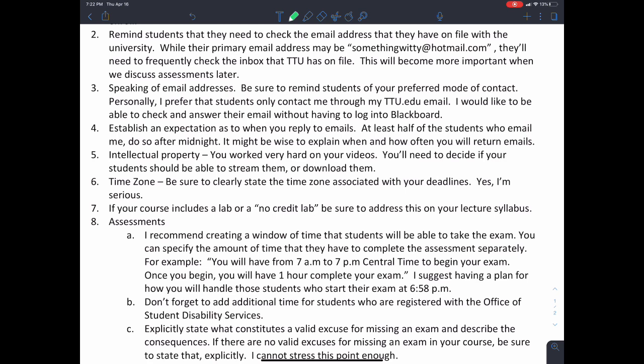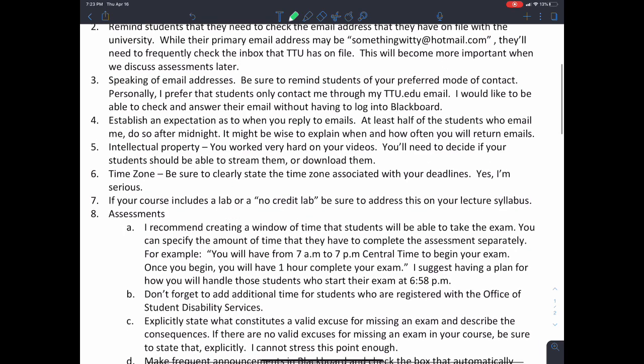So urge them to verify which email address is on file with Texas Tech, because that is the one that will be connected to Blackboard or to E-Rater, etc. So urge them to double check that. This will become more important when we discuss assessments later on. So we'll come back to that.